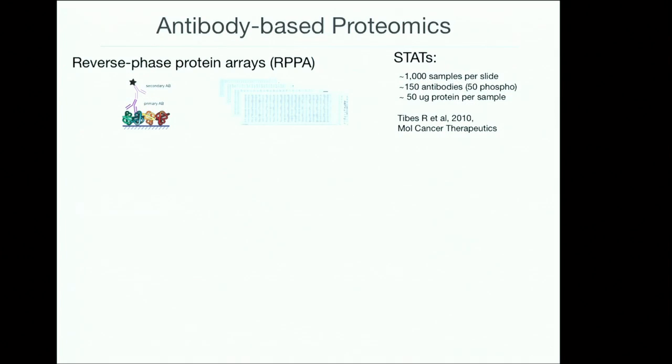So starting with the antibody-based proteomics, what we have been mainly involved in are these reverse phase protein arrays where you simply spot lysate from your cells or your tissue of interest on these chips, and you can have up to 1,000 different samples per slide.